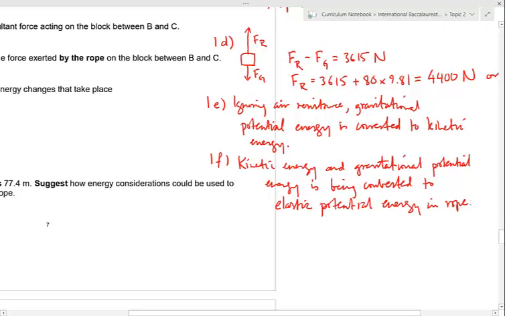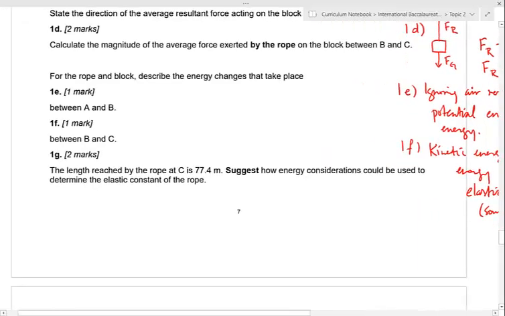It will also produce some heat. It's only one mark, so I'm guessing that that last little bit is not required.